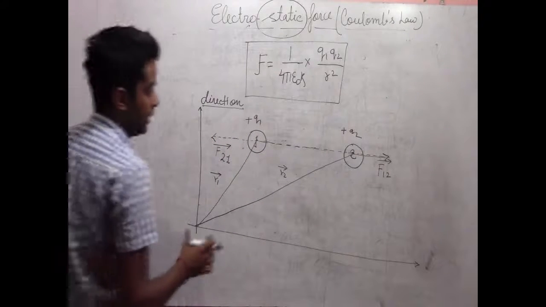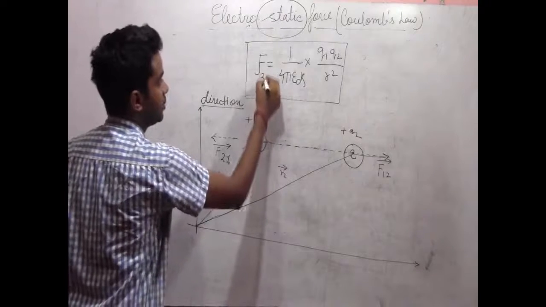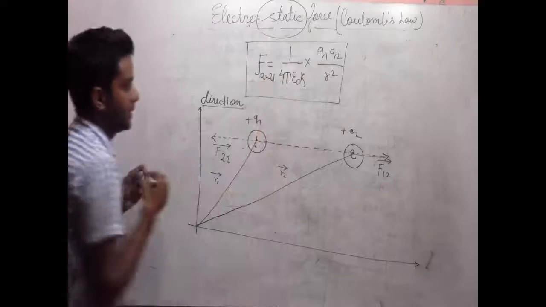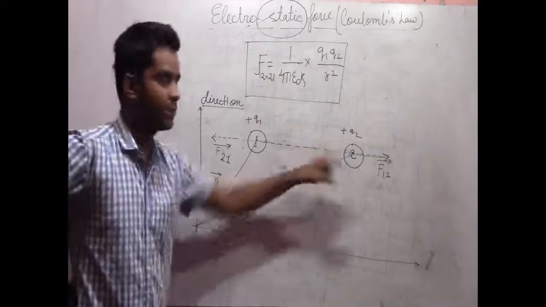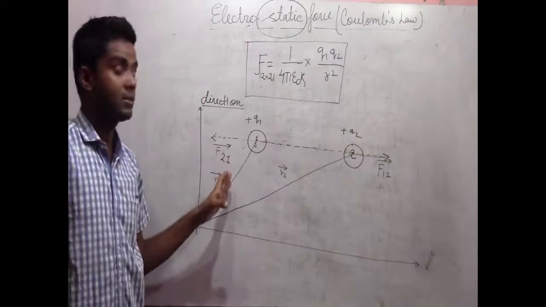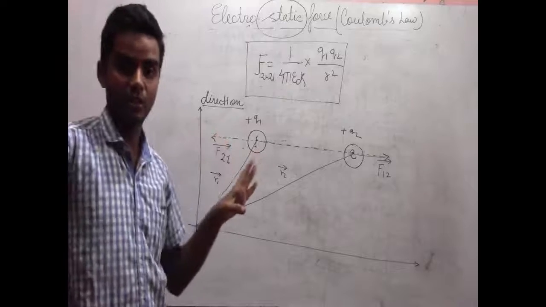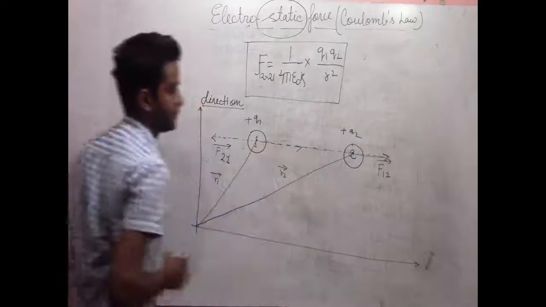You know it very well, the magnitude of the force by this charge on that charge or vice versa will be the same, but the direction is just opposite to each other. Suppose this is 1, this is 2.